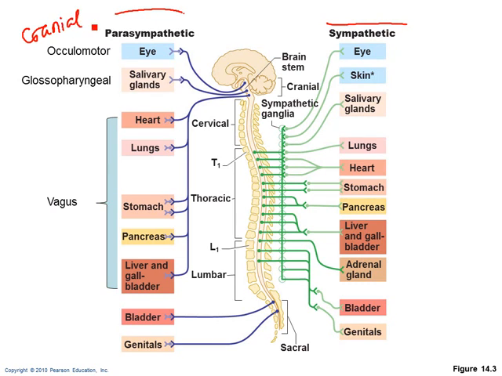Your oculomotor, glossopharyngeal, and vagus are all parasympathetic nerves. You have two more parasympathetic nerves that are two of your sacral nerves. So this is your whole rest and digest side, mostly cranial nerve innervation. Your sympathetic is all spinal nerve.